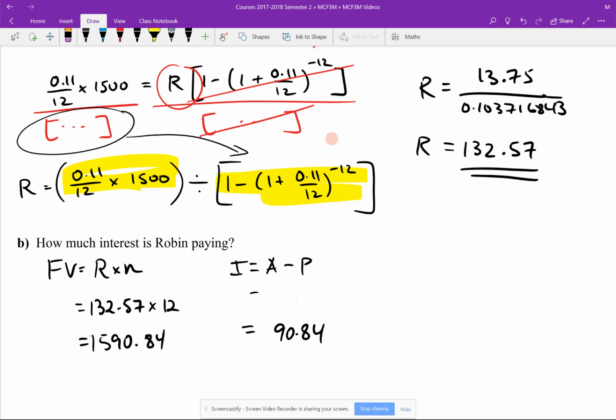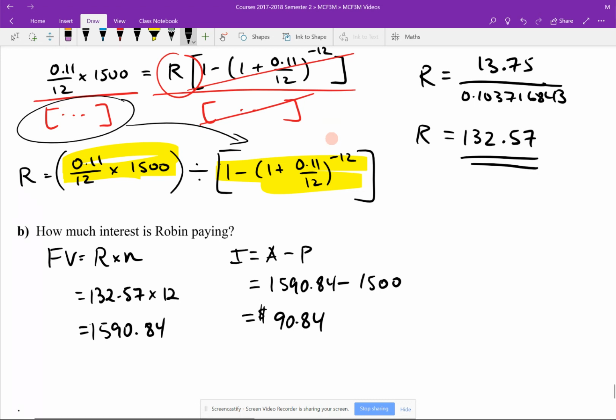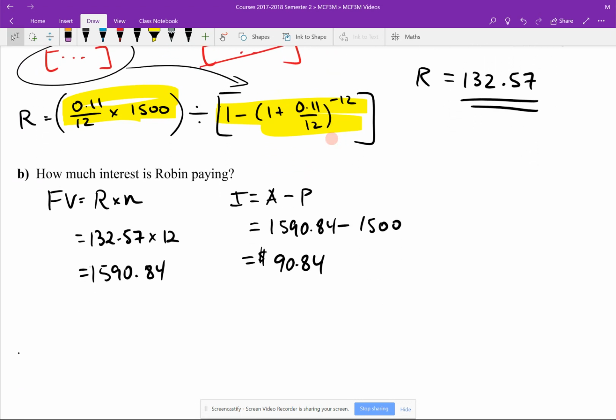The future amount of money is $1,590.84 minus the money she borrowed, $1,500, is $90.84. So the amount of interest that Robin will have to pay is $90.84.